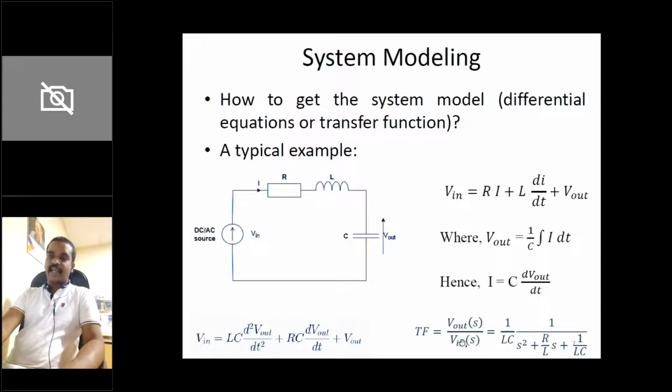Now you can see that I have the transfer function as well as the differential equation. Once I have these, this is nothing but the plant model, and accordingly I can do the control system design to achieve various desired specifications.